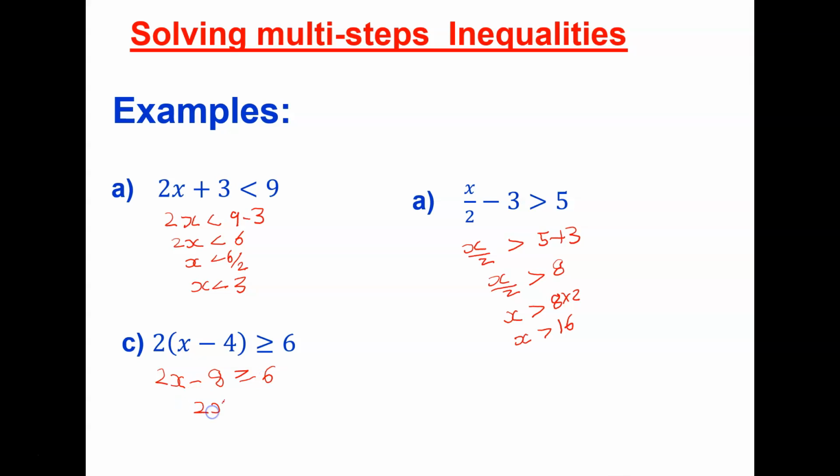So we get 2x is more than or equal to 6 plus 8. That gives you 2x is more than or equal to 14. And finally, x is more than or equal to 14 divided by 2. x is more than or equal to 7. So this is how you solve it. Nothing new. It's exactly the same way as we have seen when we're doing linear equations.